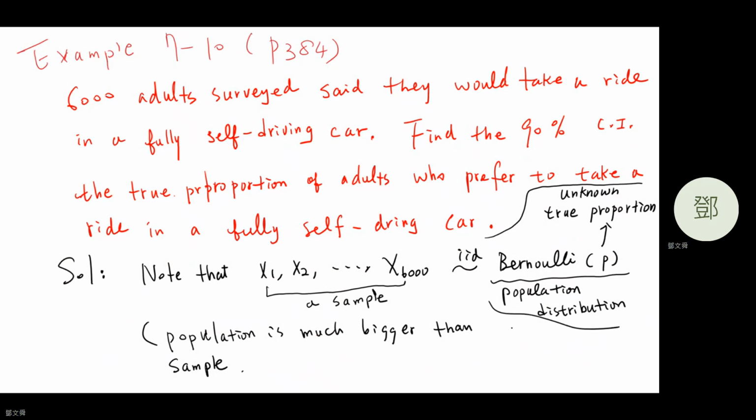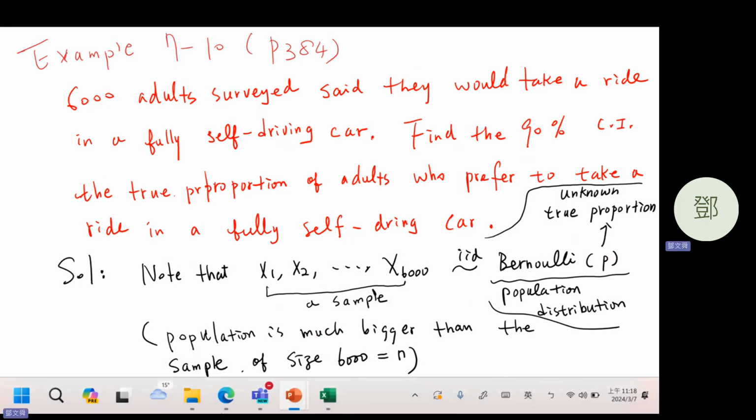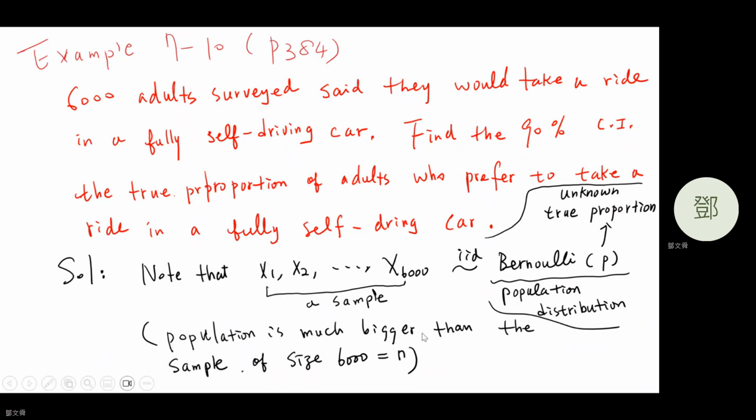Then the sample of size 6000 equals n. Okay, this is what we have: the sample from X1, X2, all the way to X6000.